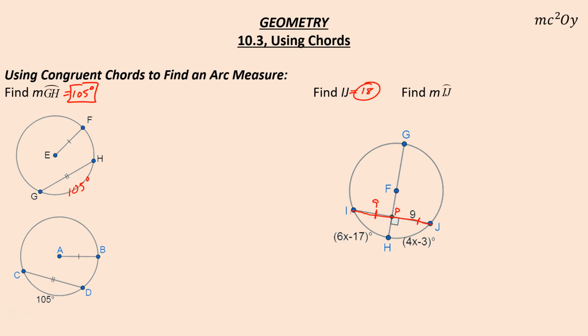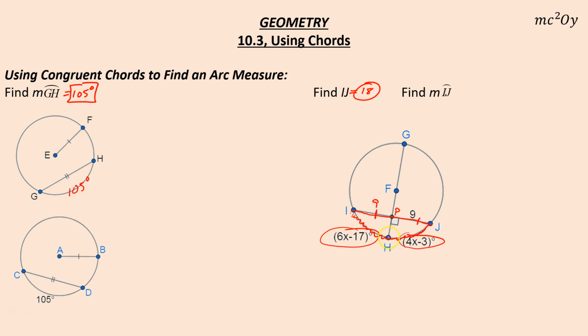Then the measure of arc IJ talks about the angle measure here. Well, remember, since we have a chord here that has been cut by a perpendicular bisector, we also will note that this arc is going to be congruent to this arc.